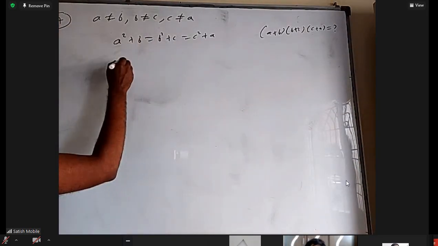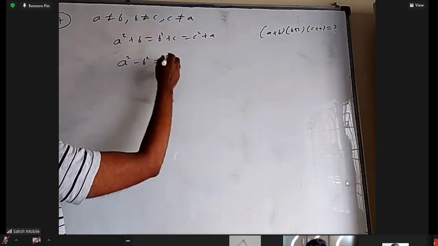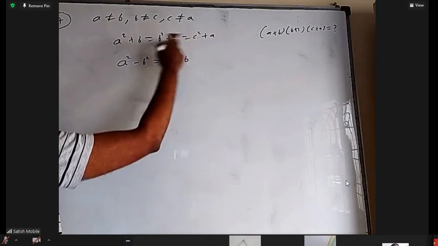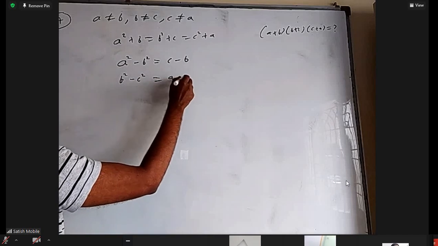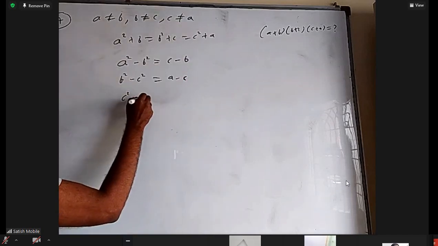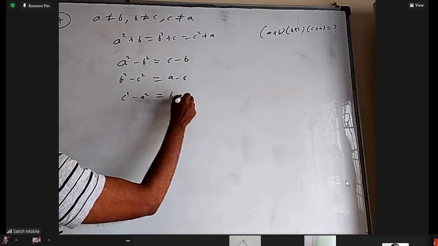From this you subtract this. So a square minus b square this side, and b to the other side, c minus b. Similarly, this one this side, b square minus c square equal to a minus c. And from this, if I subtract this, c square minus a square and b minus a.